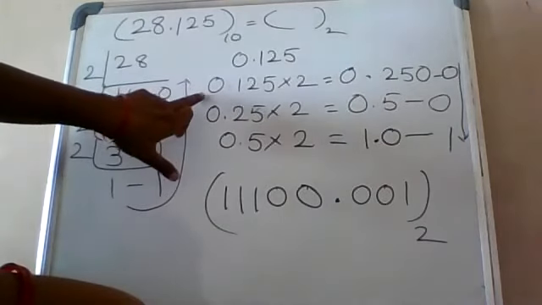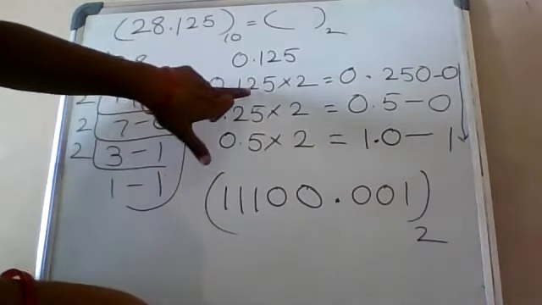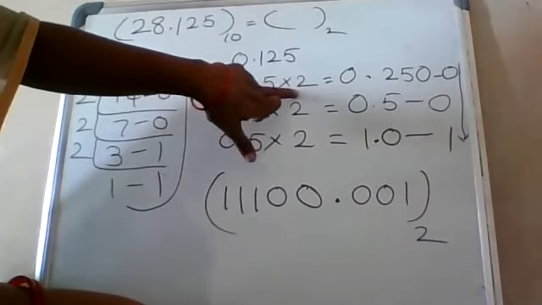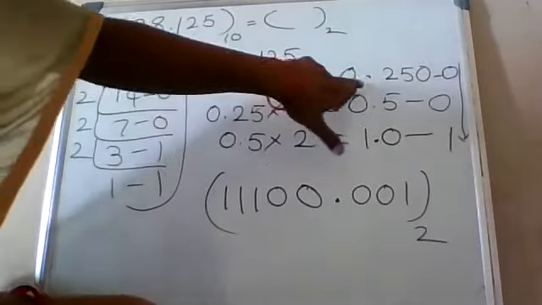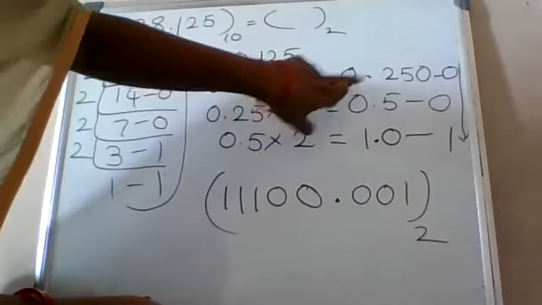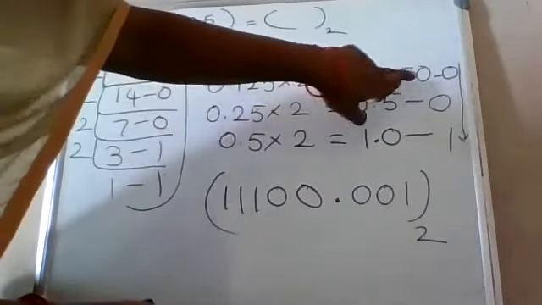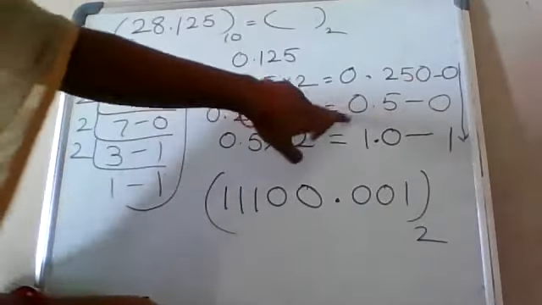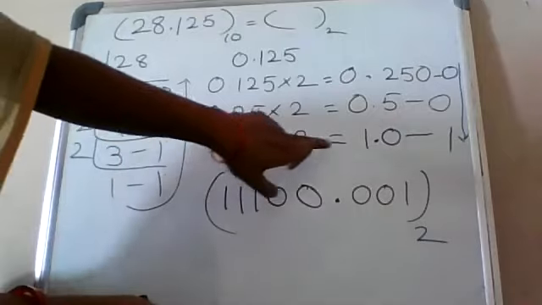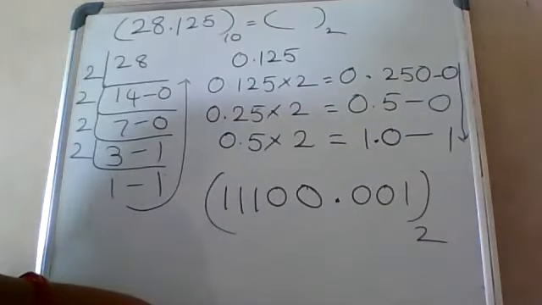In this process, we only multiply by 2. Multiplying 0.125 by 2 we get 0.25, so the remainder is 0. Again 0.25 times 2 is 0.5. Next 0.5 times 2 gives 1.0.